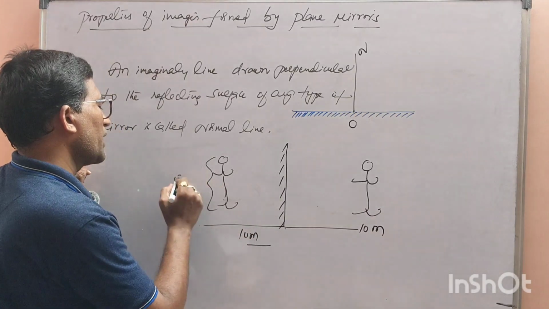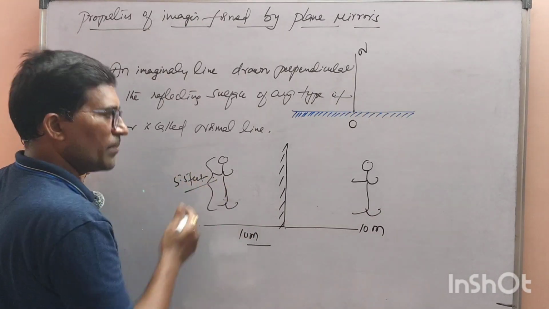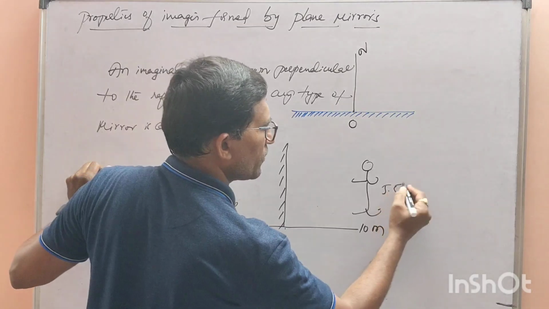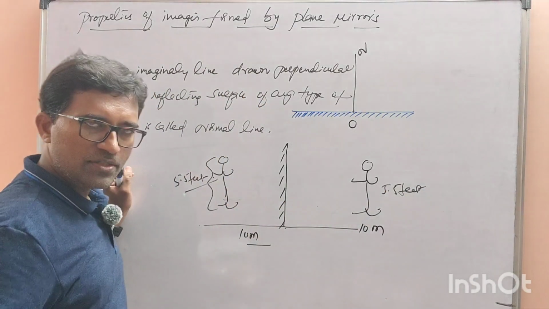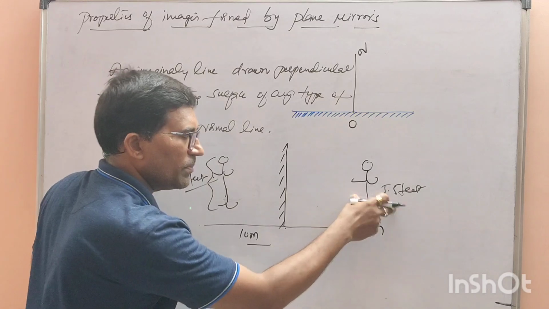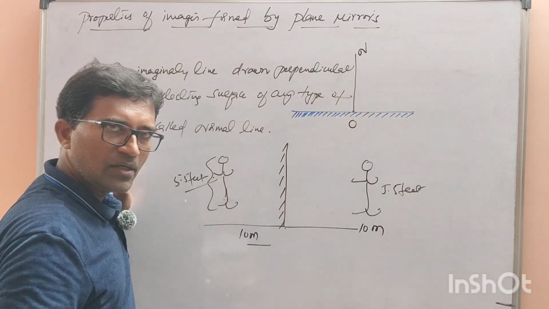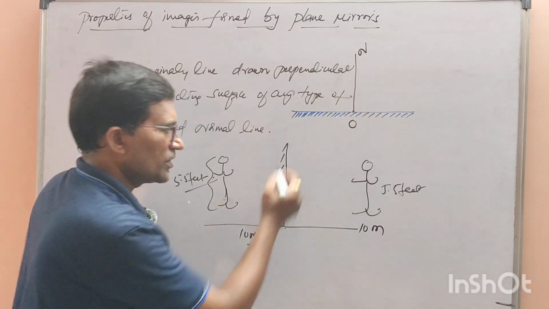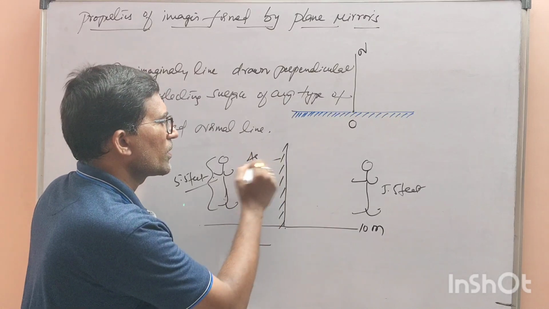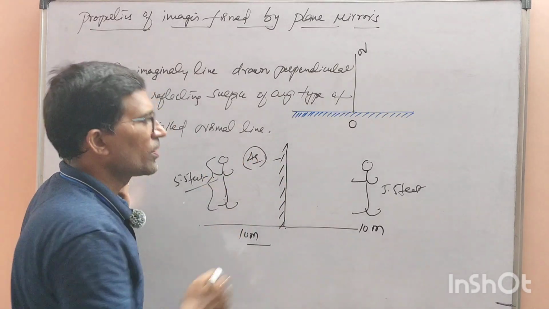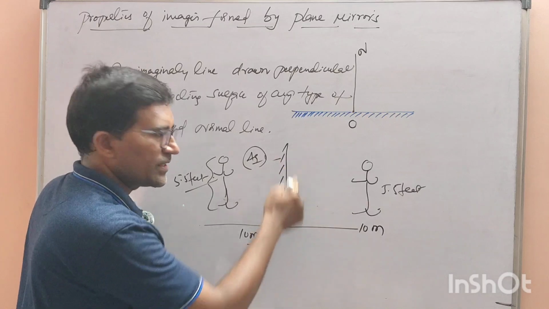If your height is 5.5 feet, your image height is also 5.5 feet, and your image will be in the mirror only. Remember all these points. Consider this a plane mirror. It is a coated surface, generally a silver coating, and it is a reflecting surface.